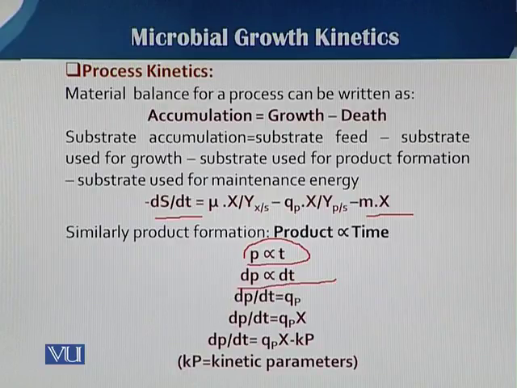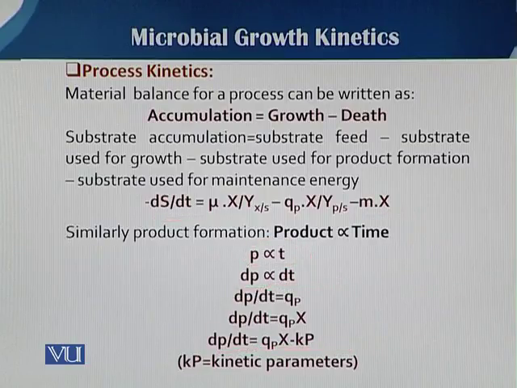As the biomass increases, the product can increase. This equation can also be written as dP over dt is equal to Qp dot x minus Kp. Here Kp is a different kinetic parameter. So by this equation, dP over dt is equal to Qp dot x.